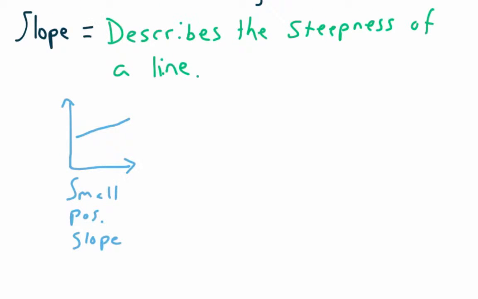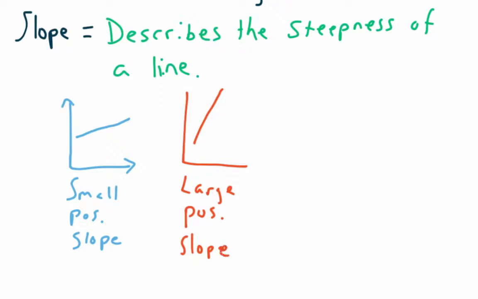Not straight up, and we'll come into why, but at least a whole lot steeper. I could have gone quite a bit steeper than that if I wanted to. But you can't have a vertical line. That does something weird with slope. So this would be a large, still positive or negative? Positive. Yep. Large positive slope for that one.